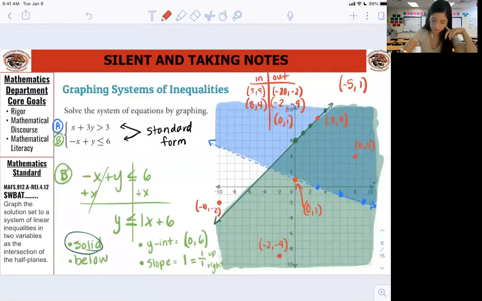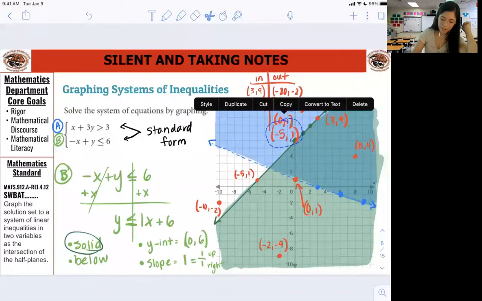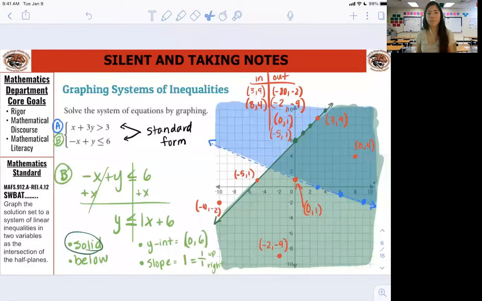It's on the solid line. So that's (-5, 1). It's on the solid line, but is it in the shaded, in the safe zone? Oh no, so it's out. So that's just another tricky thing. Even if it's on the right line, just make sure it's in the safe zone as well. It's got to be in both.